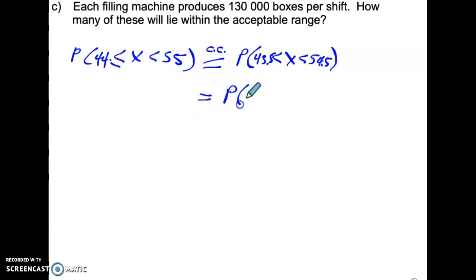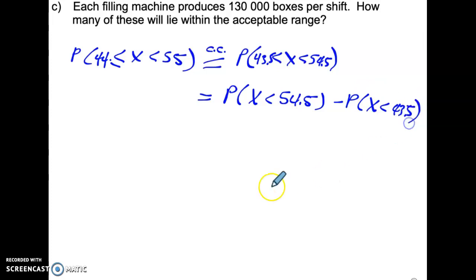So just like before, we're going to do the probability that x is less than 54.5 minus the probability that x is less than 43.5. And for each of these, you're going to calculate the z-scores.